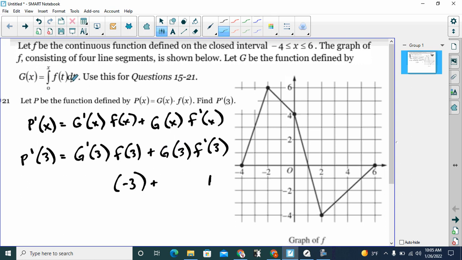G of x is this equation right up here. So g of 3 would be the integral from 0 to 3 of f of t dt. The integral from 0 to 3. So it's going to be this area here, as well as this area right here.